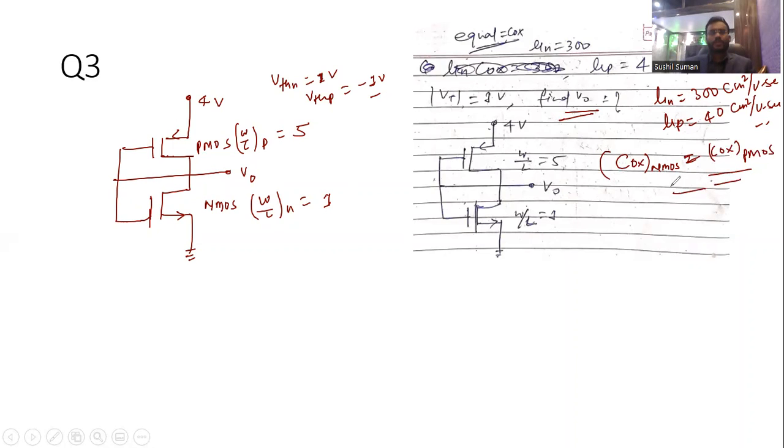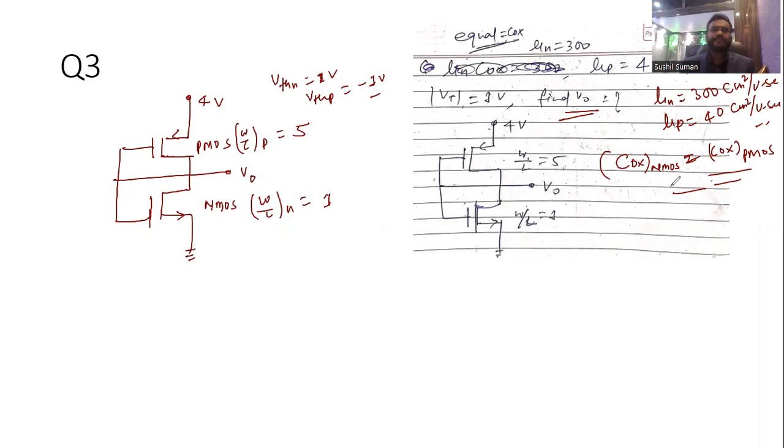My dear students, in this question the oxide capacitance of NMOS is equal to the oxide capacitance of PMOS. Now you have to find the value of V naught.